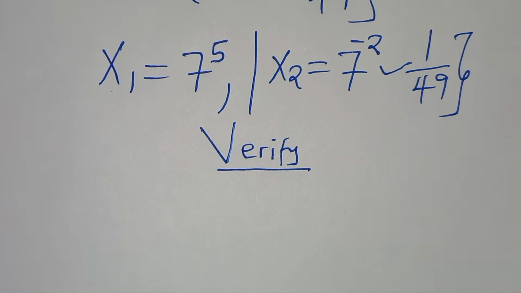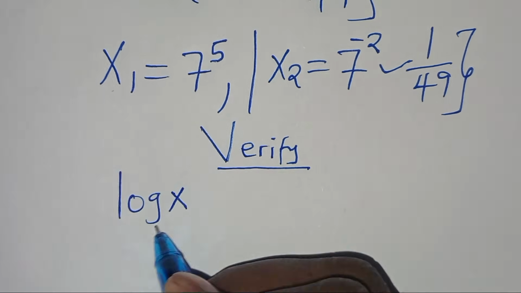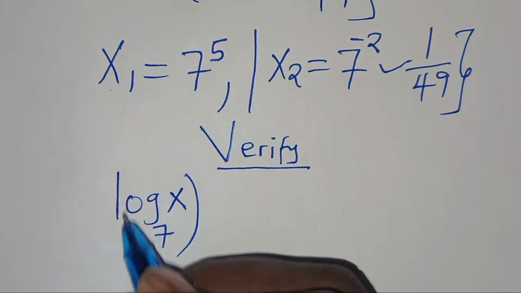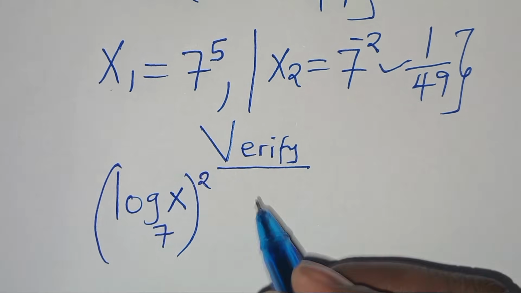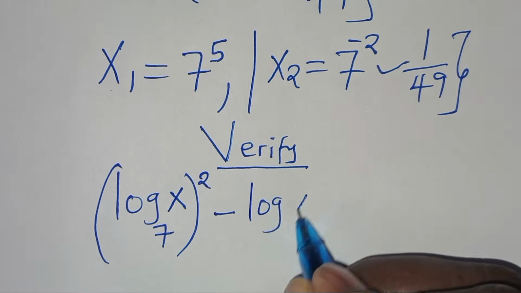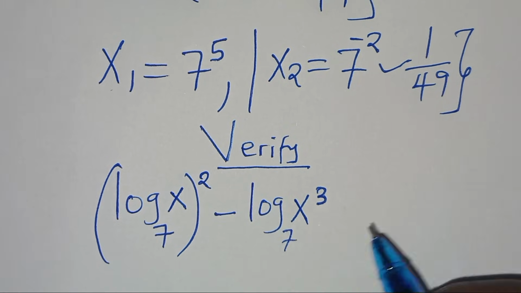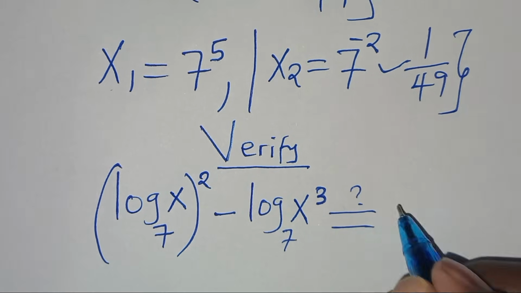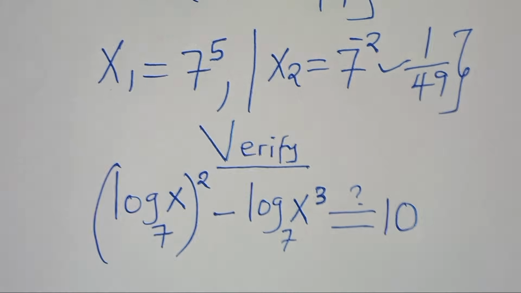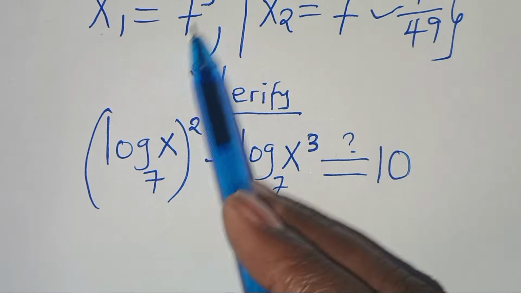Now, if you recall, we have that (log x to base 7) raised to the power of 2, minus log x to the power of 3 to base 7. This is supposed to give us a value of 10. Now let's start with x1, which is 7 to the power of 5.